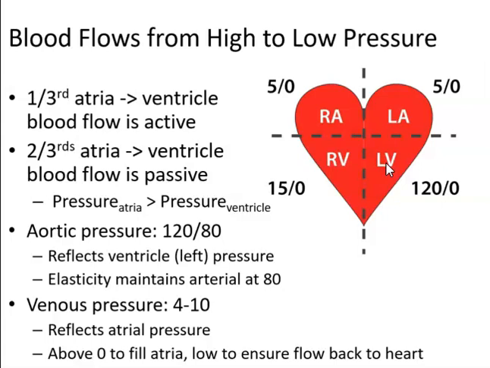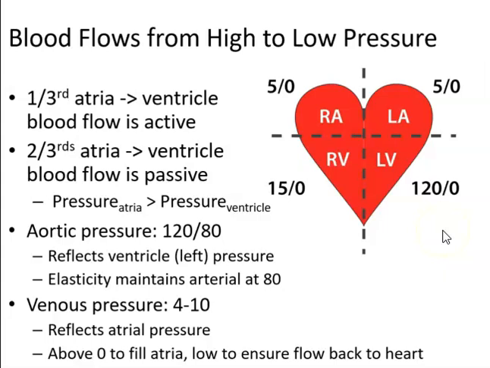So systolic pressure, we say, represents aortic pressure, and this is the pressure that the aorta is using to force blood to the rest of the body. And its diastolic pressure, or its filling pressure, is 80 millimeters mercury. Notice that there is a difference between diastolic pressure within the aorta as well as diastolic pressure within the left ventricle.